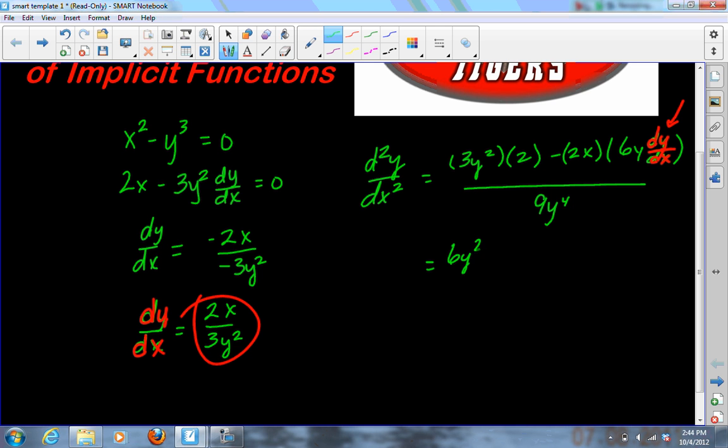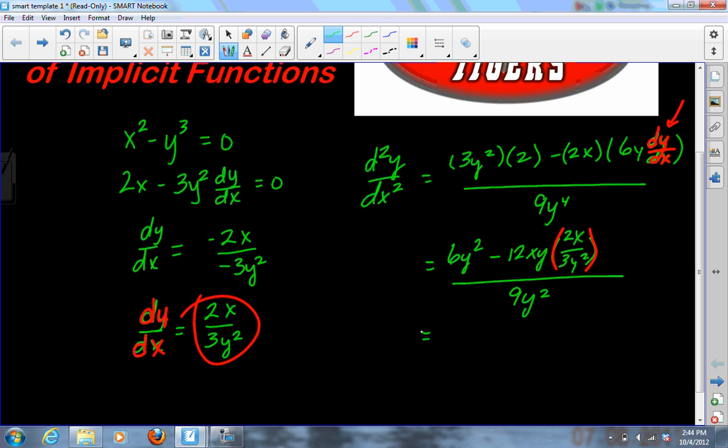So this will be 6y squared if you combine these, minus 12xy times whatever dy dx is, which is 2x over 3y squared. Again, I got this from over here. This red part that's circled is this part. And then, of course, 9y squared is still on the bottom.